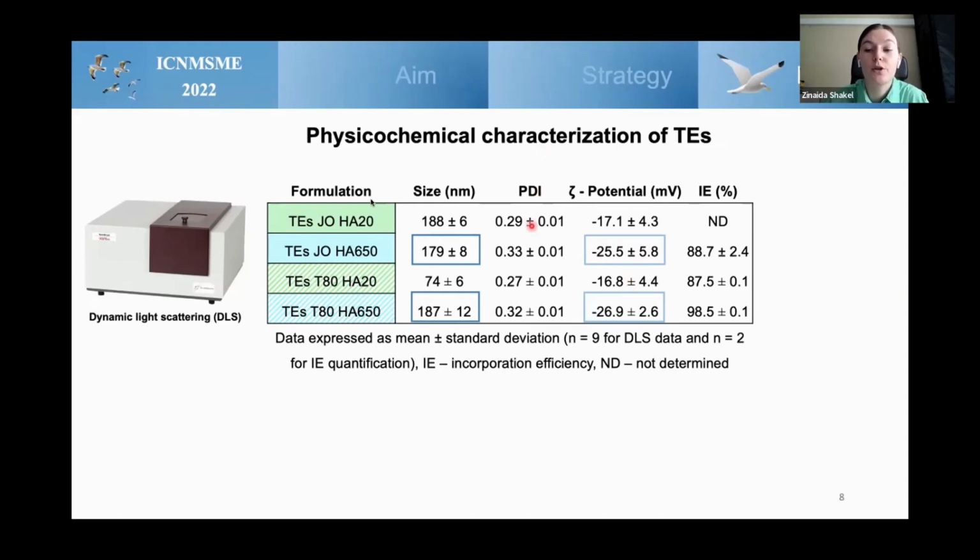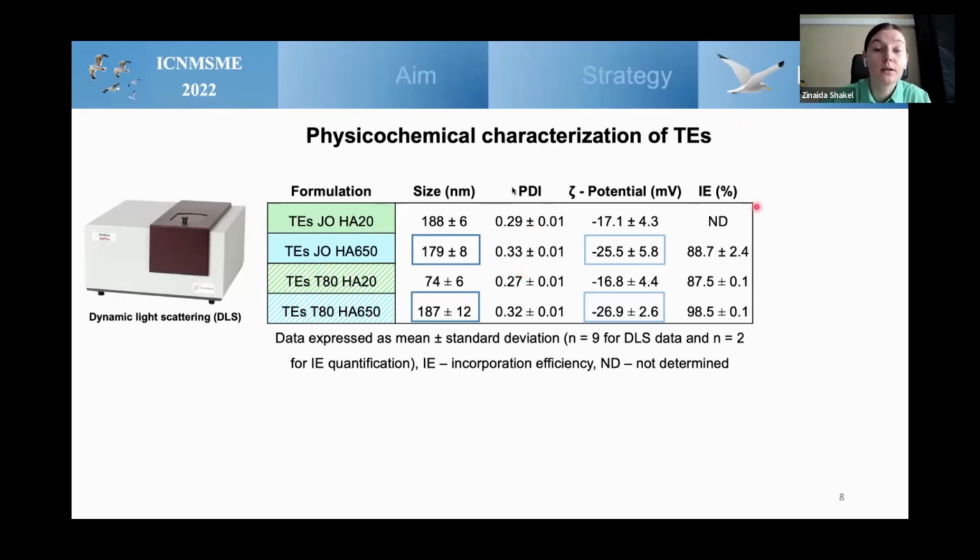We cannot say that it's a homogeneous suspension, but it's because we use sonication here. We know that if we increase the time of sonication, we will have a more uniform and homogeneous suspension, but we will have really small particles. We don't want to decrease the particle size so much.